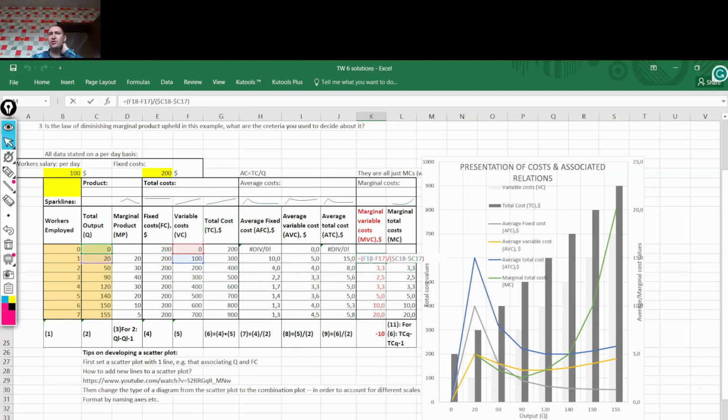And marginal costs, I told you, no matter how you calculate them, whether on the basis of variable costs, like here, or on the basis of total costs, like here. You take the increment in the total cost and divide by the associated increment in the product to get the marginal costs, right?